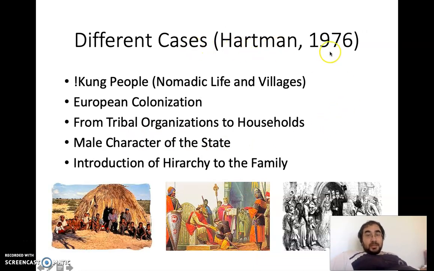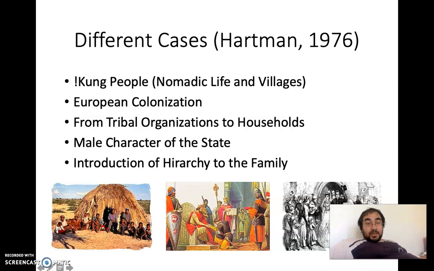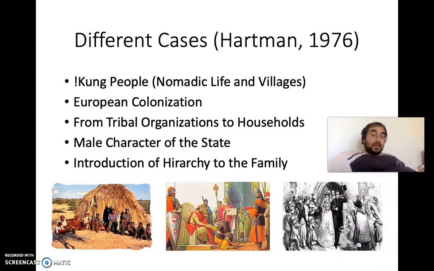She cites a study of Kung people in Africa, and well, they had a nomadic life, and in that nomadic life, the family as we know it did not exist actually. Many women and men were living together in the same house, and the tasks of man and woman were interchangeable.